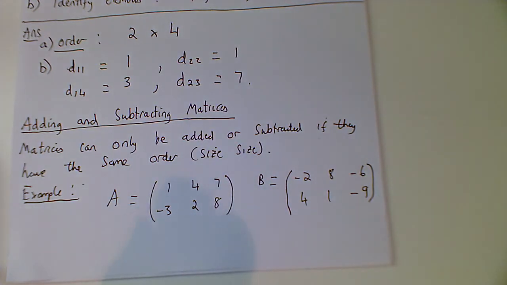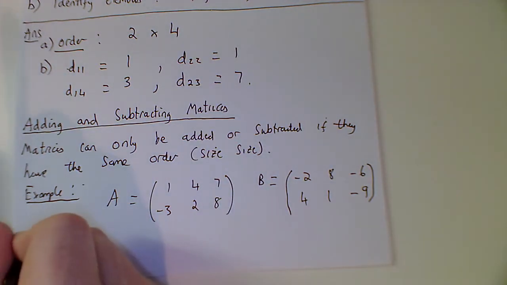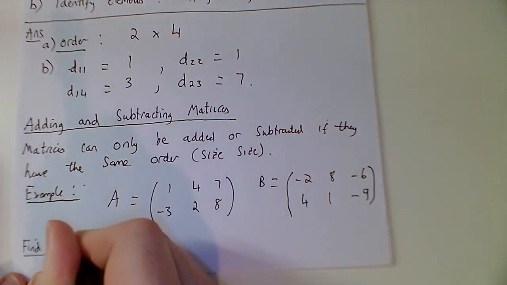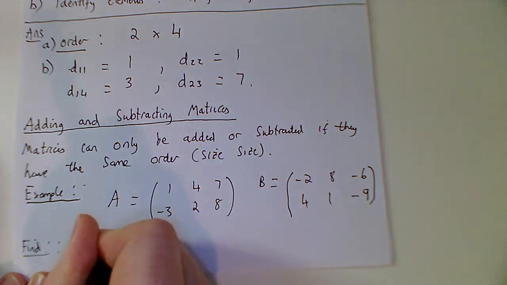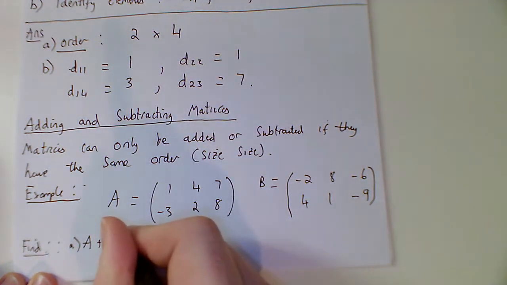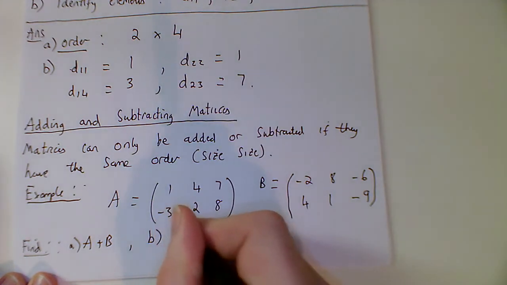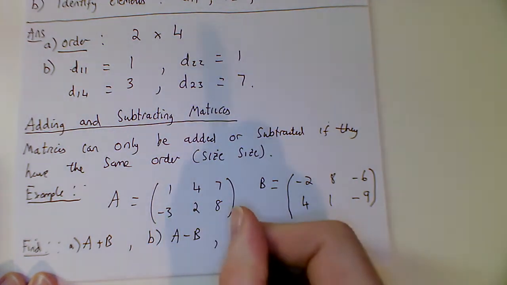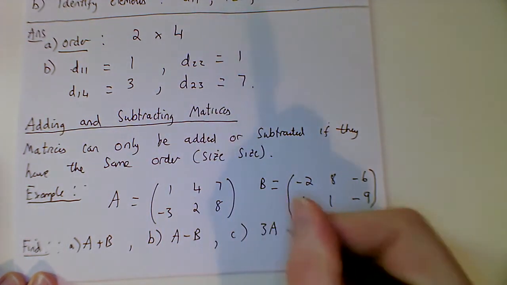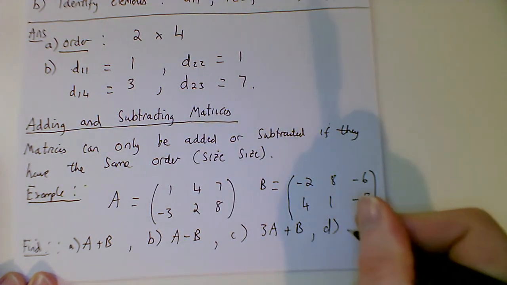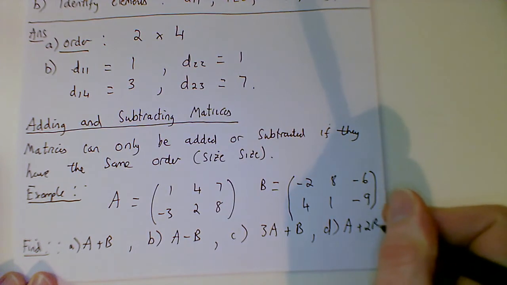So I've got two matrices, A and B. And I'm just going to ask to find A plus B, A take away B, 3A plus B, and A plus 2B.